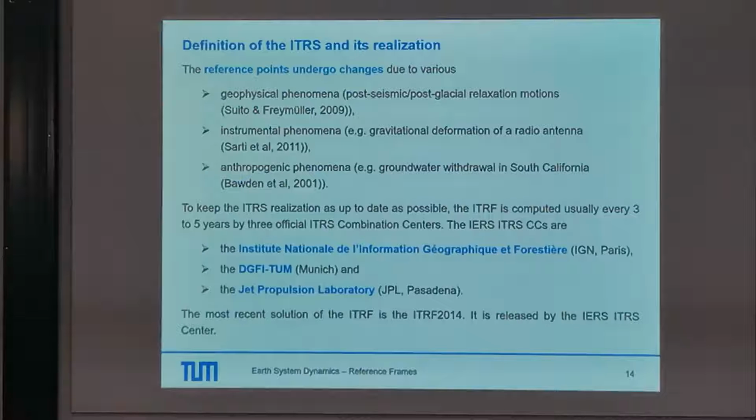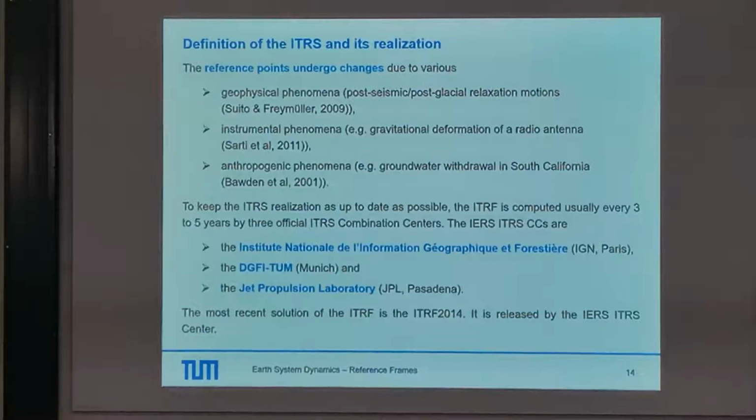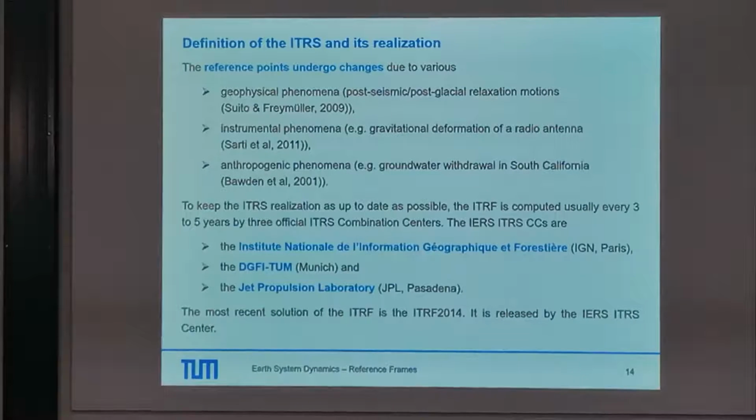There they are pre-combined within one technique, and then these solutions are sent to us and the other 2 institutions, and we combine them at the intertechnique level. So we combine really the techniques. And at the end, you get one set of station coordinates and velocities. But there are really thousands of people involved, and it's really a task of the whole geodetic community.